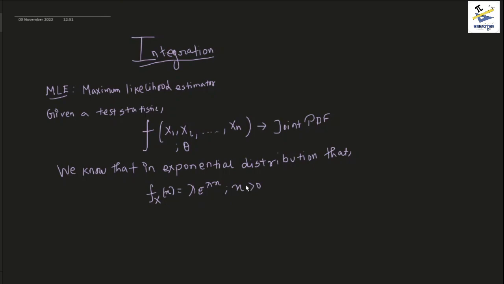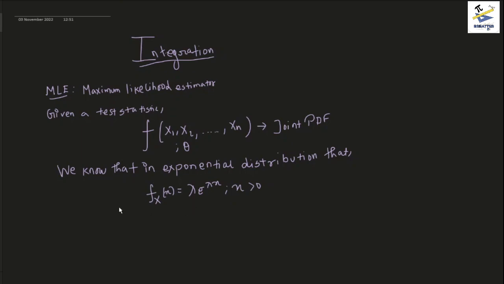Now this accounts for the fact that we can have n random data points from a random sample, and this random sample is something we would like to maximize if a joint PDF is given.